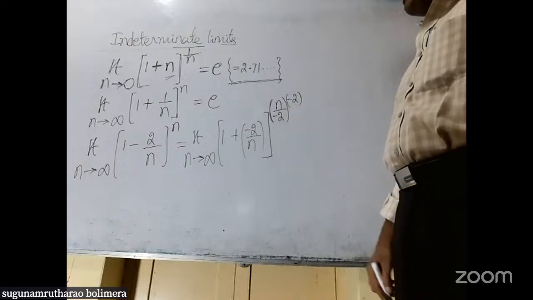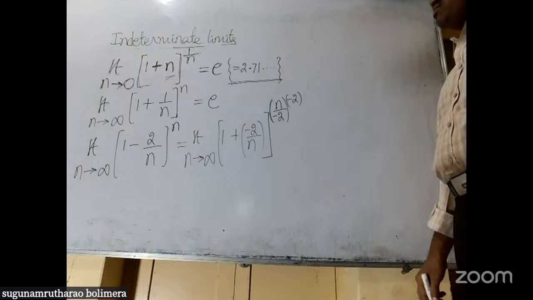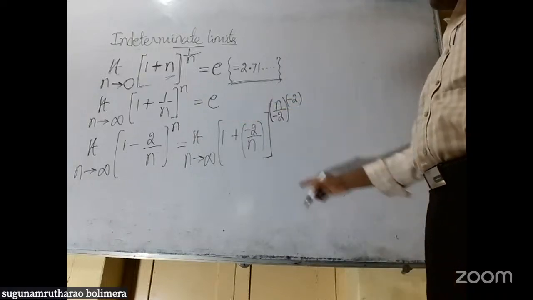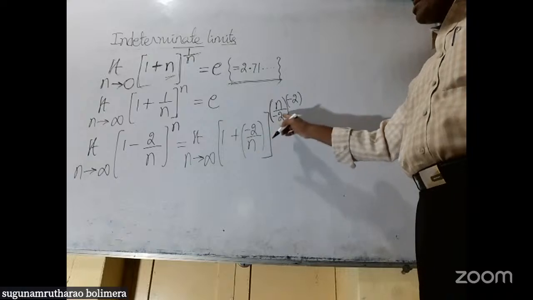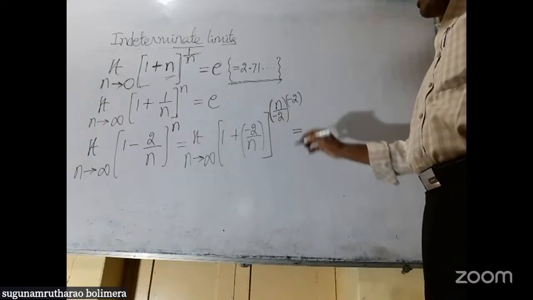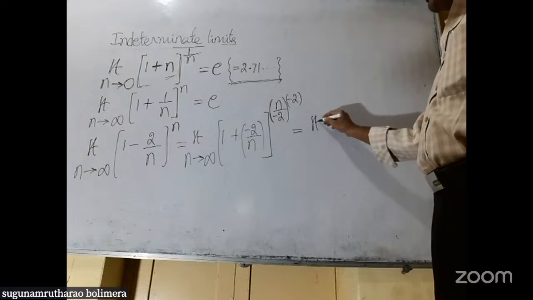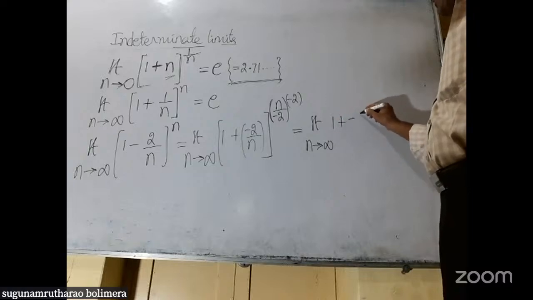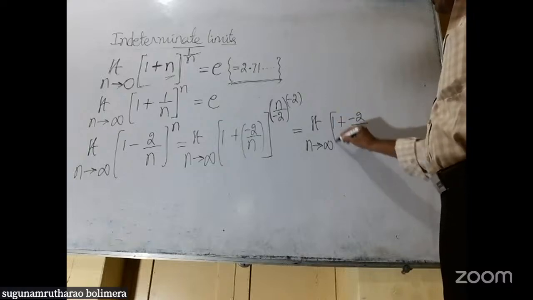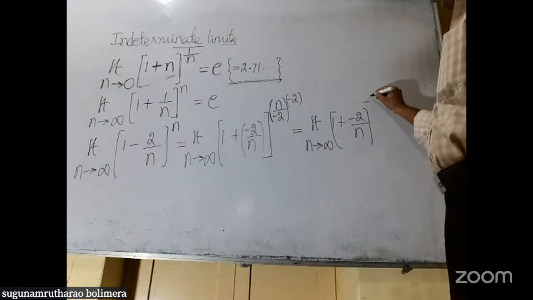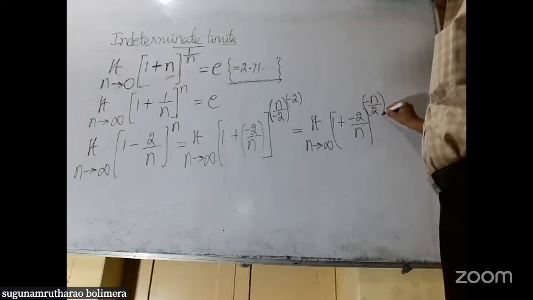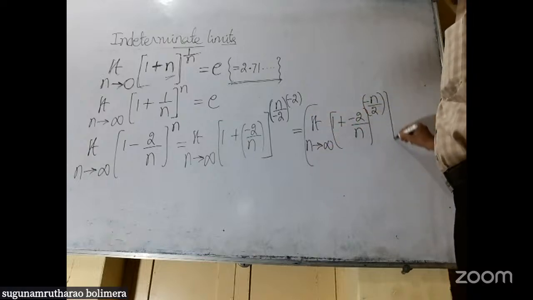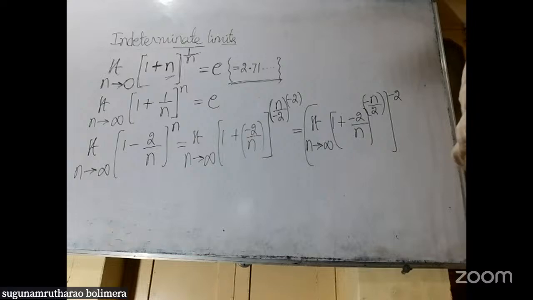Minus 2 gets cancelled, so what is the value now? Whole power n only. Whatever we have written here, the reciprocal is there in the power. So as per the limit formula, limit n tends to infinity, 1 plus minus 2 by n whole power minus n by 2, whole power minus 2.